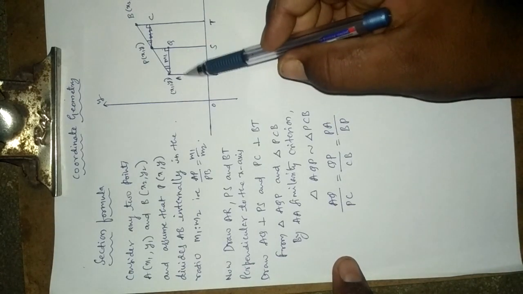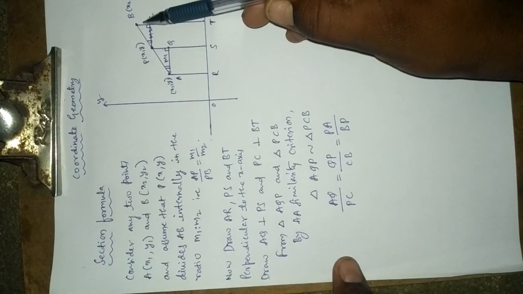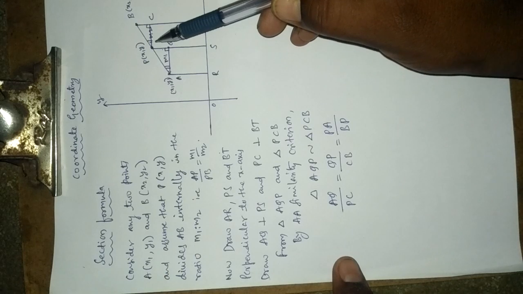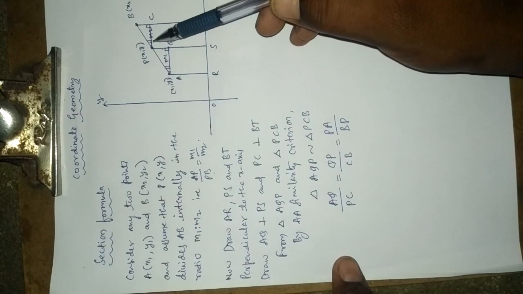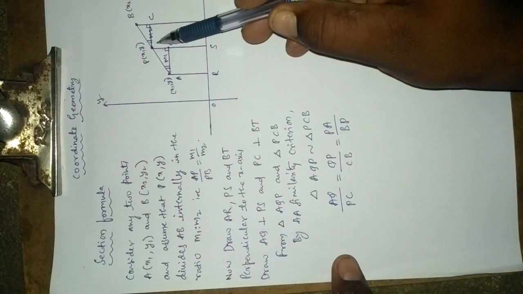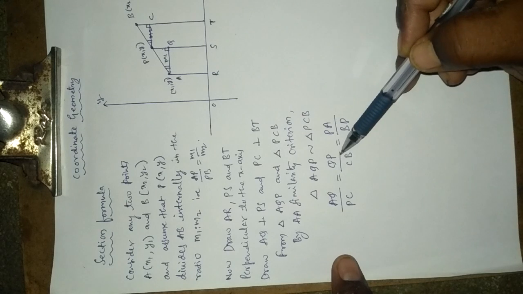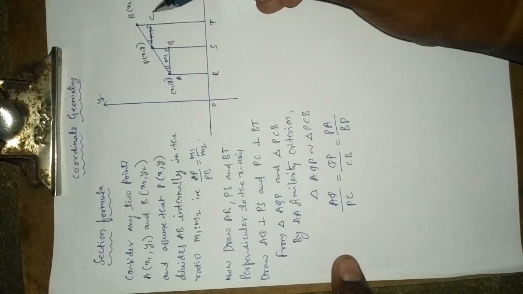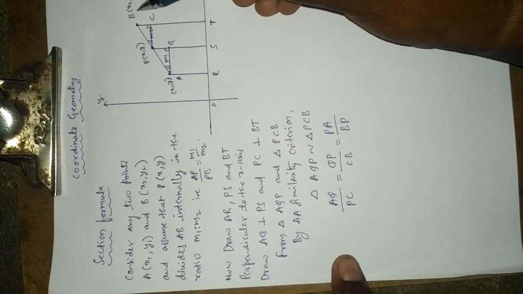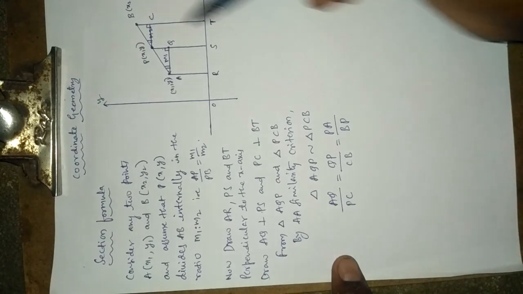So when triangle AQP and triangle PCB are similar to each other, then sides are proportional: AQ by PC is proportional to QP by CB. Also it is proportional to PA by BP.